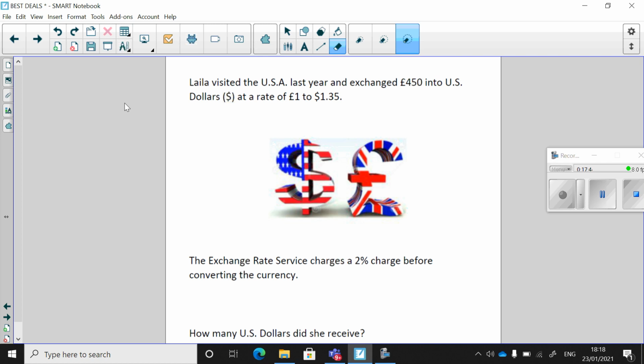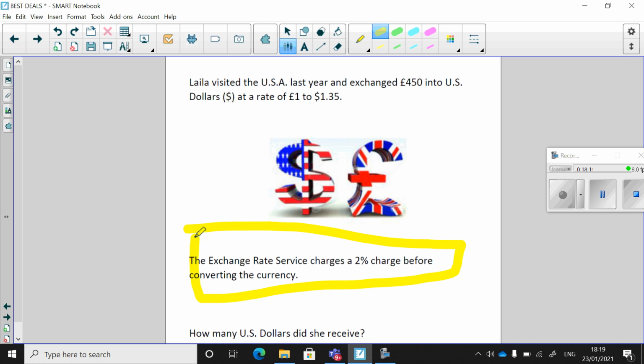Layla went to the USA last year and exchanged £450 into US dollars at the same rate as Shuggy, 1 to 1.35. But the thing is, there's something else here. The exchange rate has a 2% charge. Please note that. That's before they convert the currency. And then you have to answer the question, how many dollars did she receive?